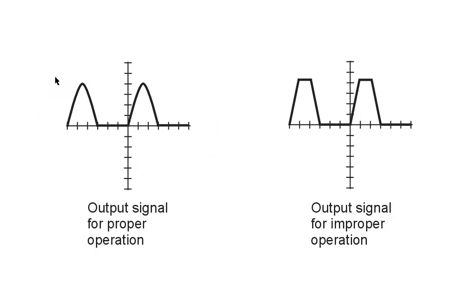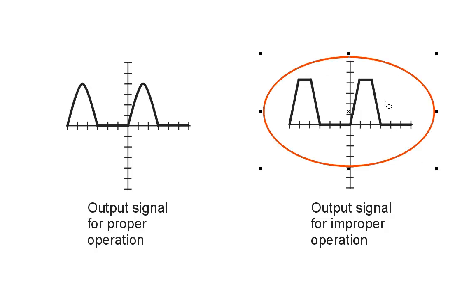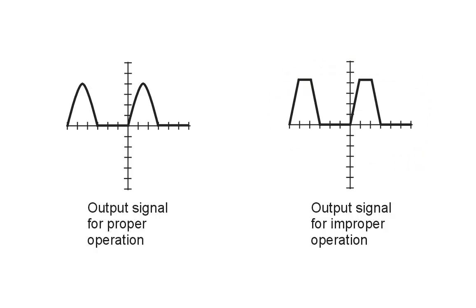And in this case, this is how that waveform would look when it's working properly. Well, here's an example of what can happen when we get improper operation of this type of amplifier. The waveform will develop this chopped off appearance at the peaks. Clipping.